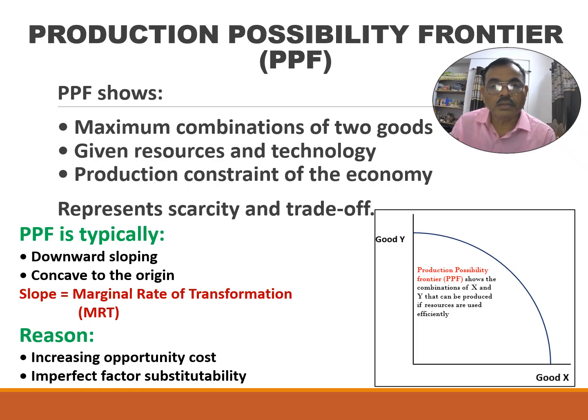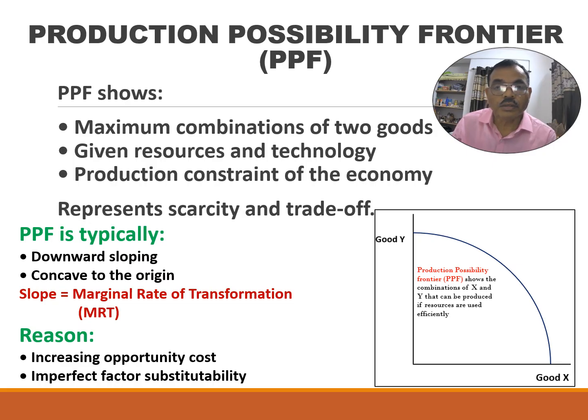Now, let us understand the shape of the production possibility frontier. The PPF is typically downward sloping and concave to the origin. Why downward sloping?